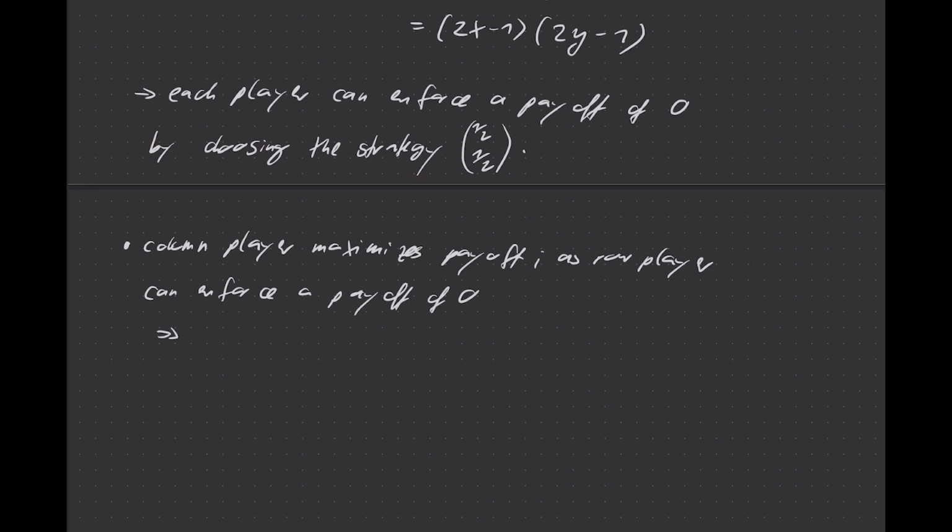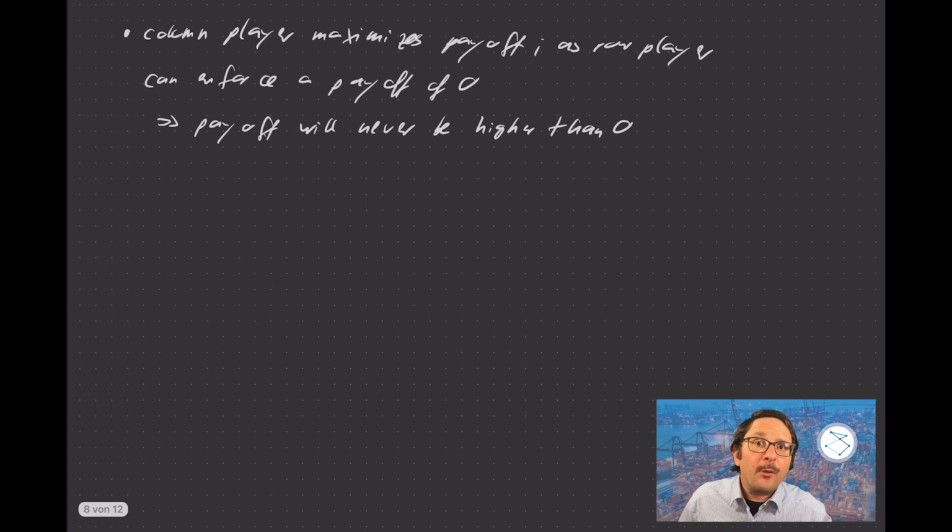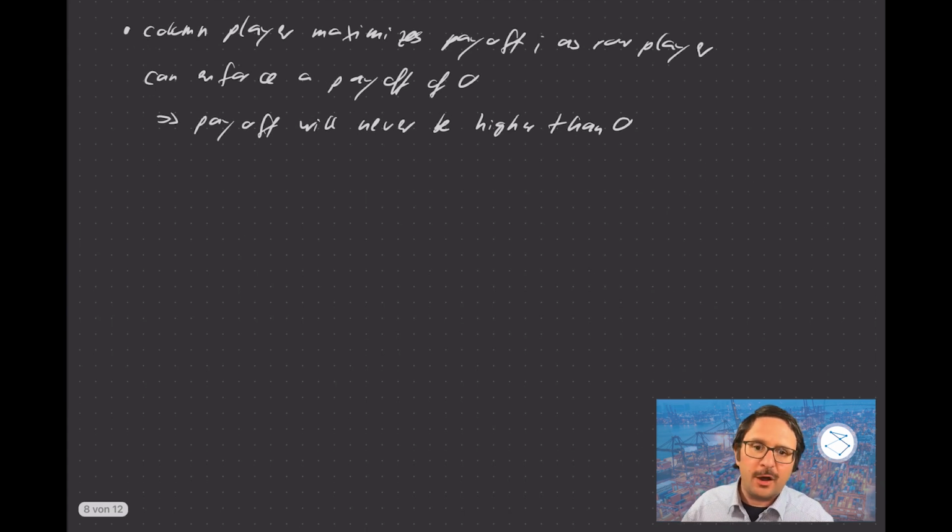That means the payoff will never be higher than 0. So the column player can't win. The best thing he can do is not lose.